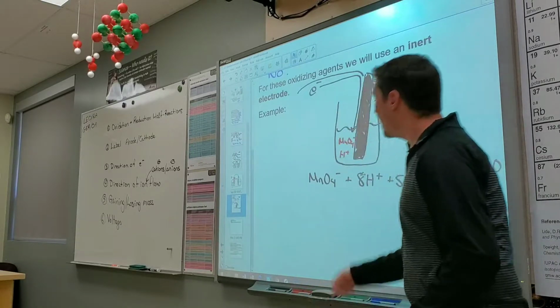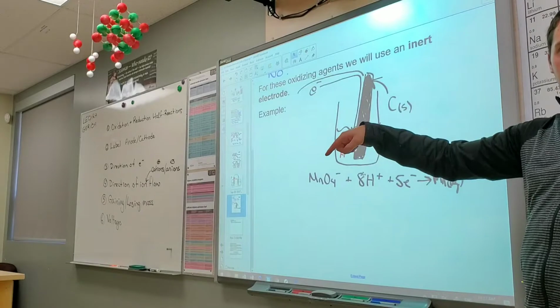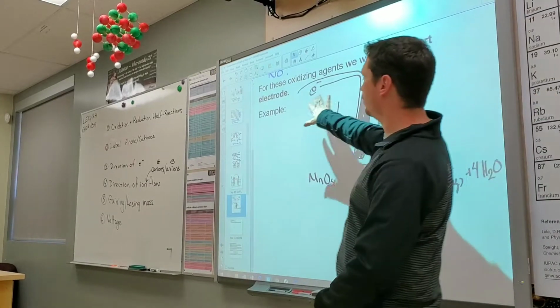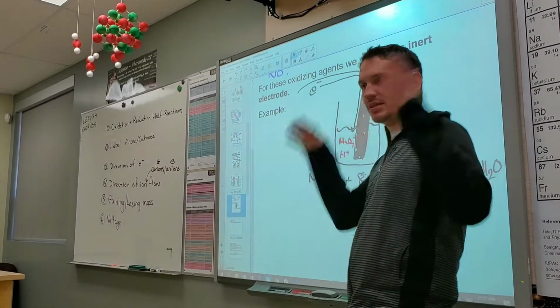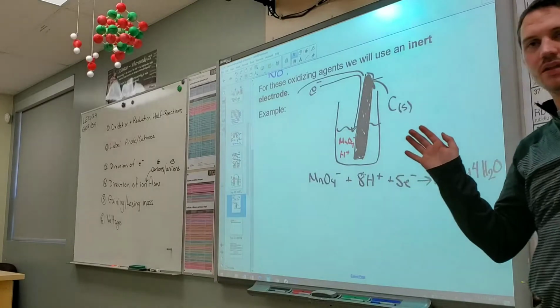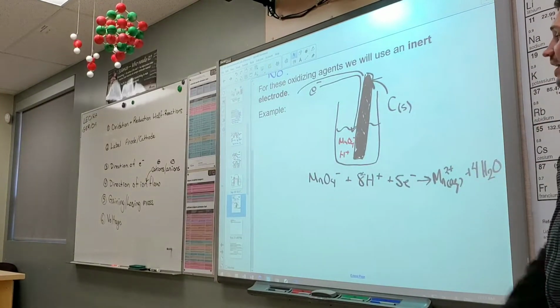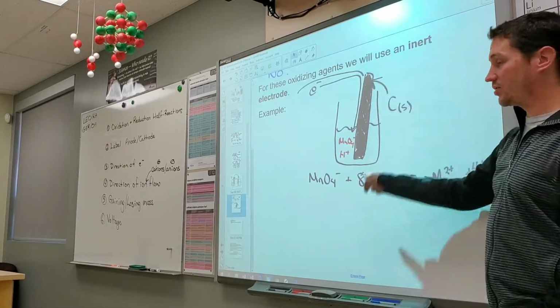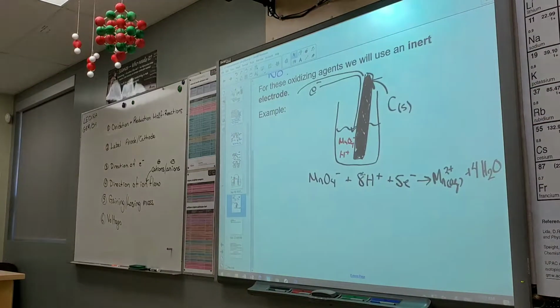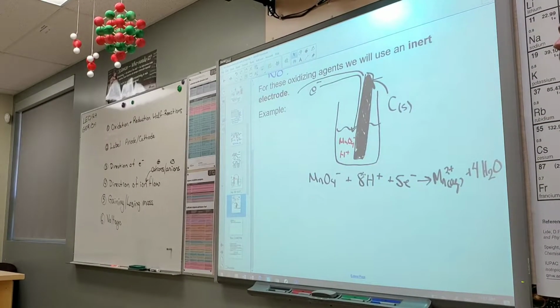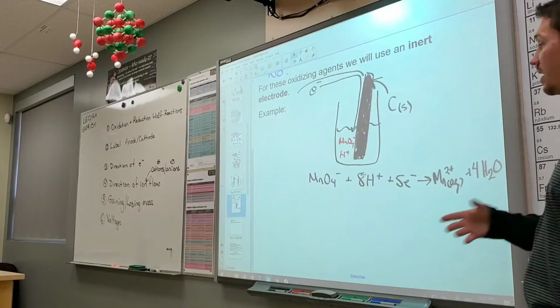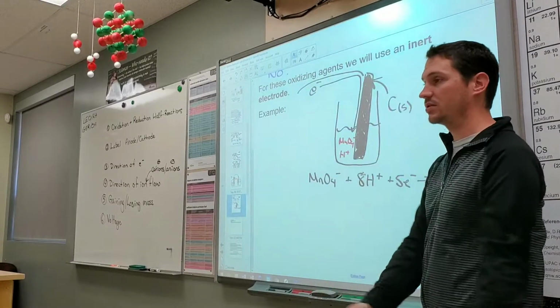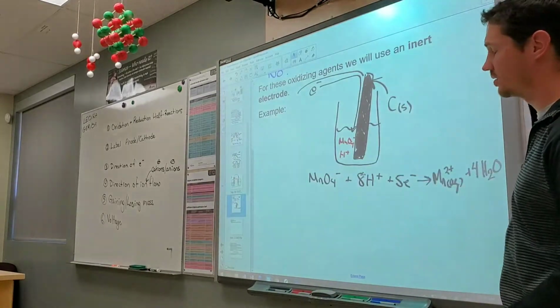Now, we haven't attached it to anything, because we're just assuming that this other half cell exists, but I don't want to specifically put anything there. Did you see our inert electrode anywhere in this reduction half reaction? No, and that's because it doesn't actually react. All it does is allow the electrons to transfer through it to get to the solution.